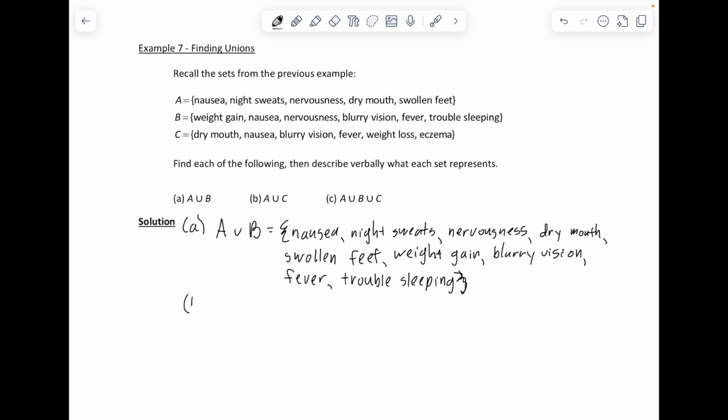Okay. A union C. A union C. All the elements in either A or C or both, right?